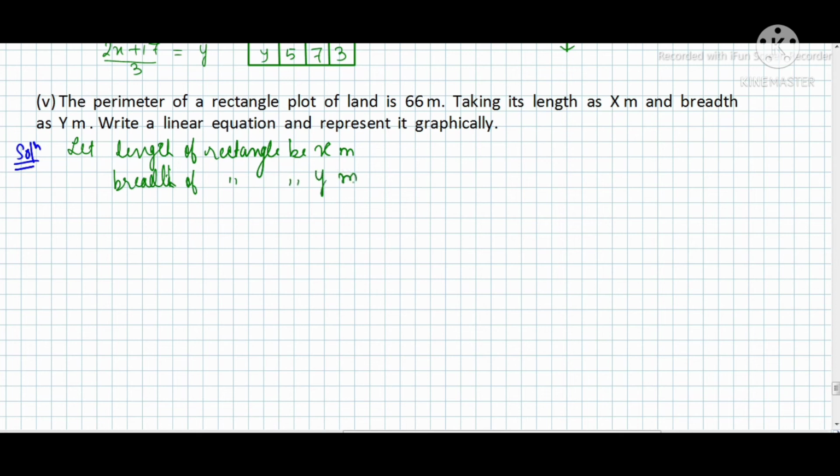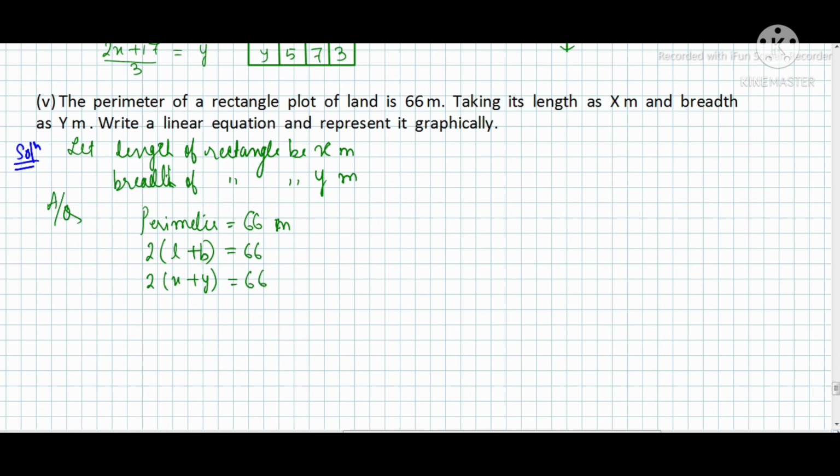According to the question, perimeter is equal to 66 meter. So how will we write perimeter? Perimeter is 2 times length plus breadth. So L plus B is equal to 66. So L we have considered as x and B as y.